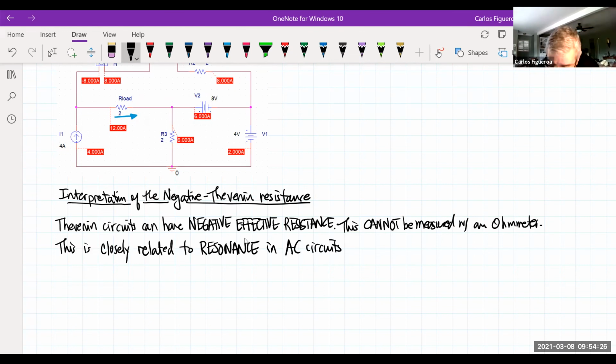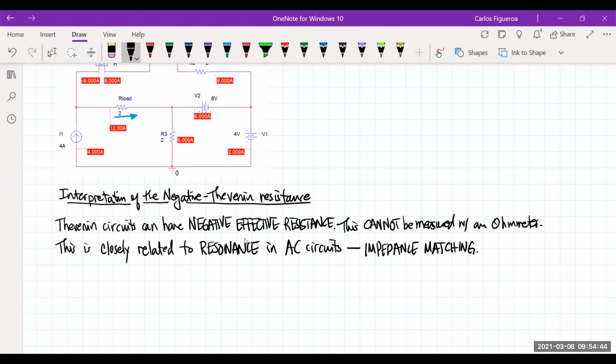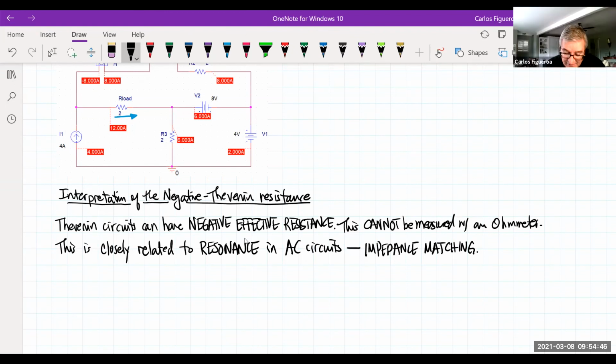In fact, this phrase here is known as impedance matching. So what you find here is that if you have AC, what this really means is that you could think of sine waves and resonant circuits.